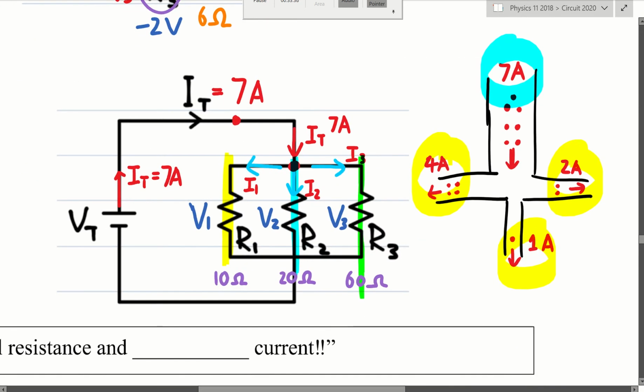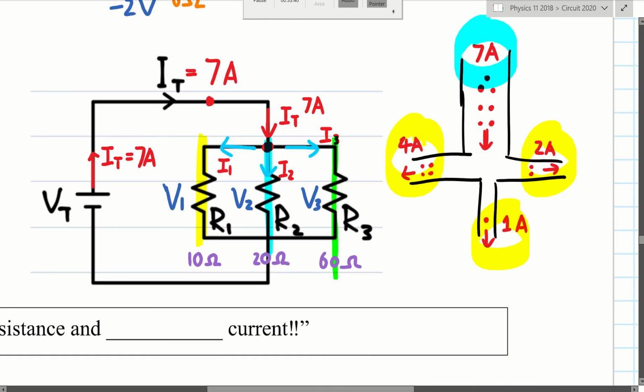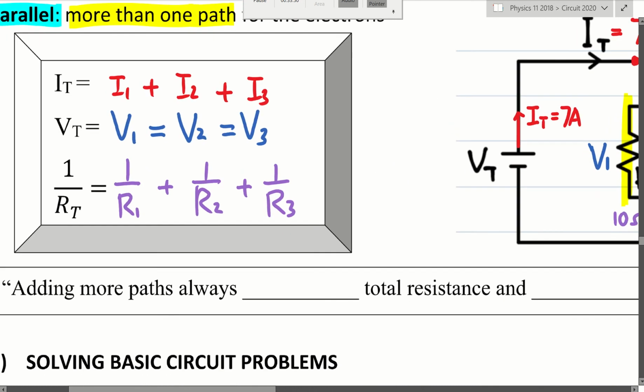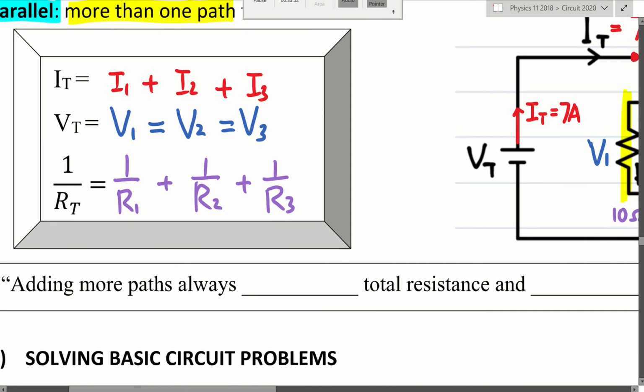But in parallel, adding more resistors is adding more pathways, and adding more pathways actually lowers the total resistance. So the more the merrier. This equation, 1 over R1 plus 1 over R2 plus 1 over R3 equals 1 over R total, gives us exactly that.